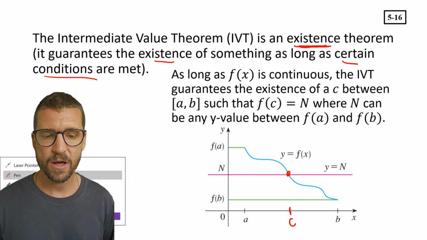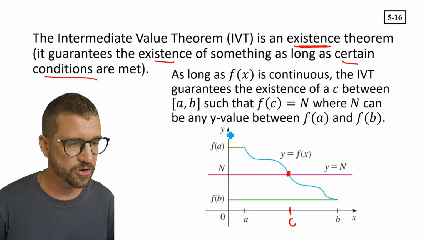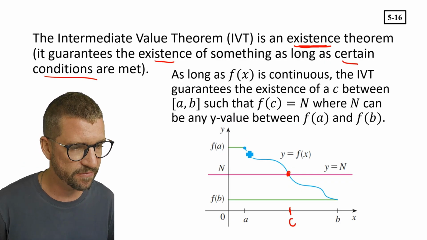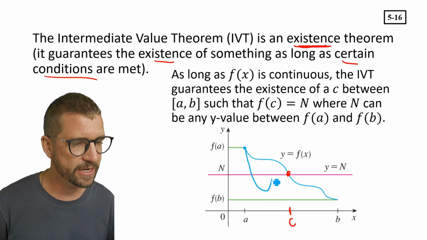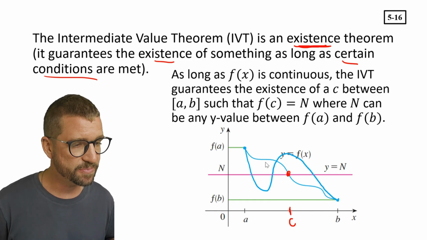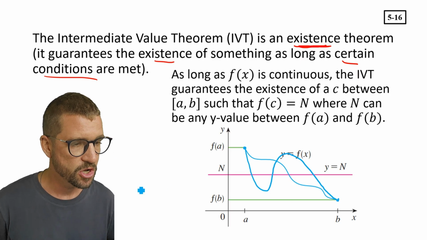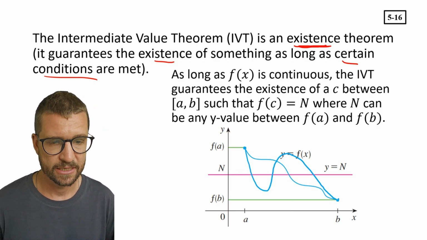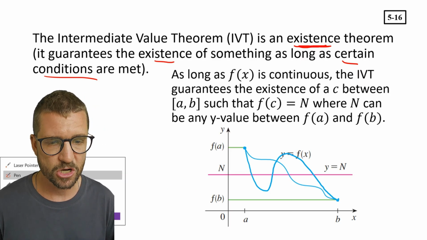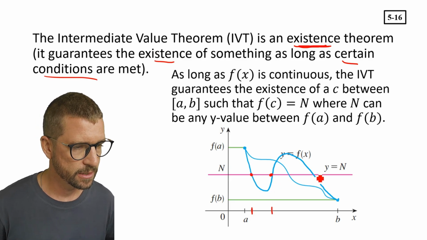The last thing I want to mention is there can be more than one c. Let's say the function was here, and then it goes up there, and then it goes down to b. Let me erase these c's so we're not confused. In this case, we have a few different c's: here, here, and here.